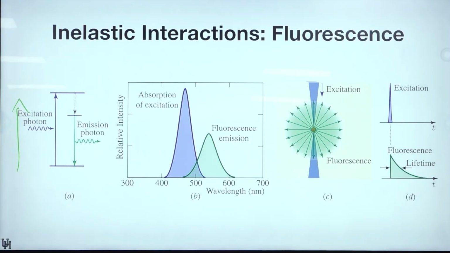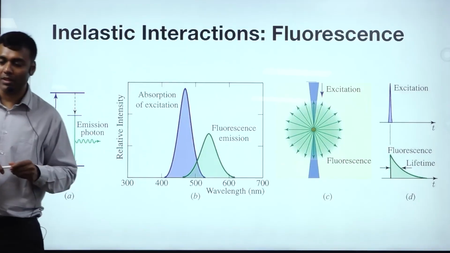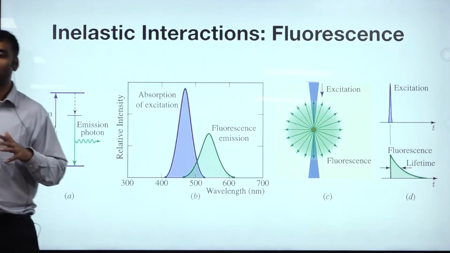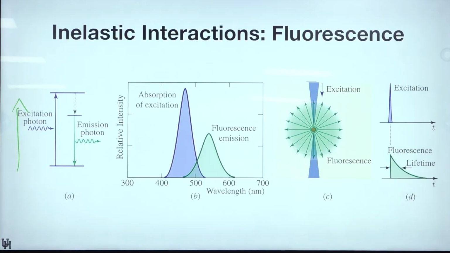That's why it's used in biology a lot. The Nobel Prize was given to a Japanese scientist who discovered what's called green fluorescent protein, GFP. There are now a very large number of different fluorescent molecules which have been developed.